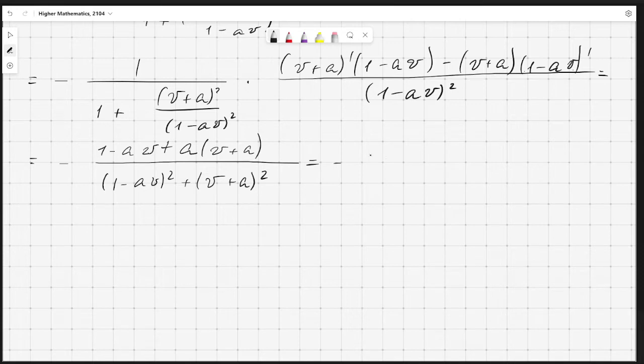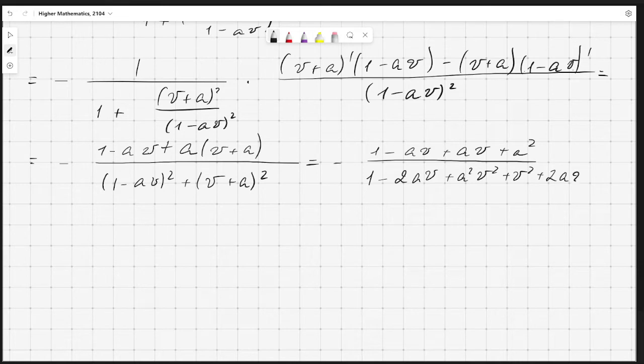We can see into denominator 1 minus av squared plus v plus a squared. I just open the bracket. Into denominator 1 minus 2av plus a squared v squared plus v squared plus 2av plus a squared.